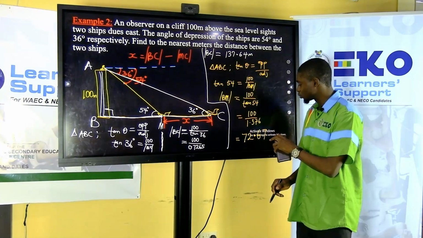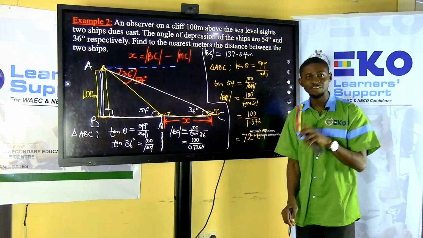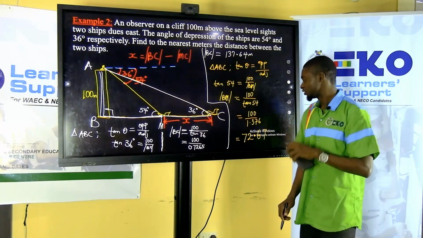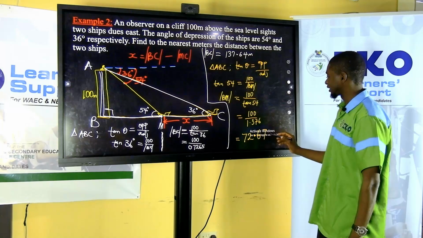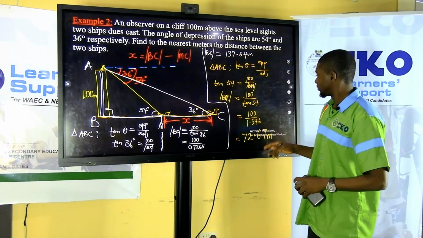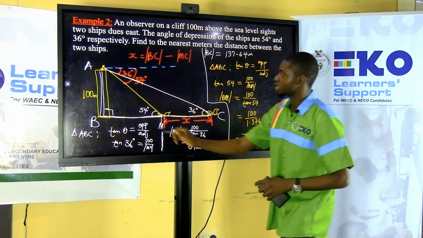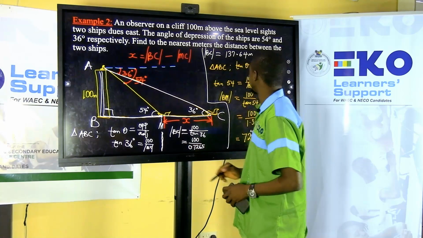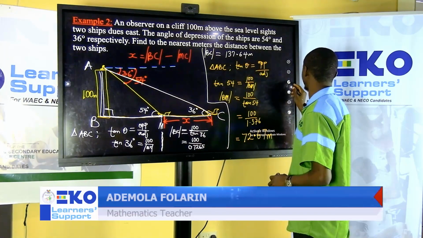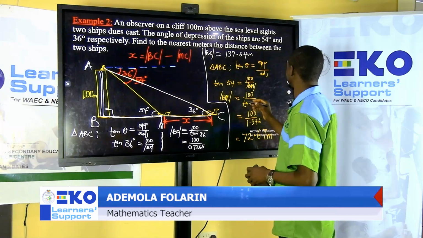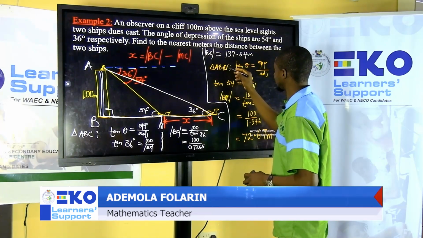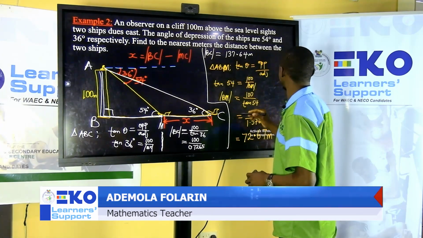Number after decimal is pronounced individually. Meters. Let's not forget, we have said this is triangle ABM. So from triangle ABM that we've been able to get BM.